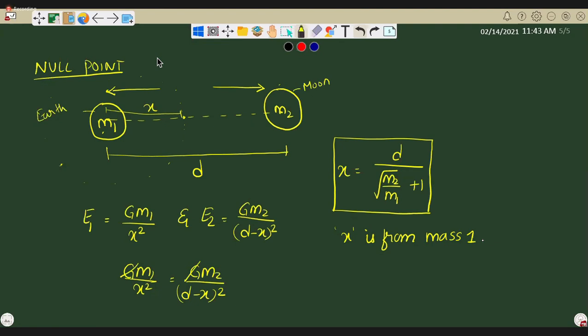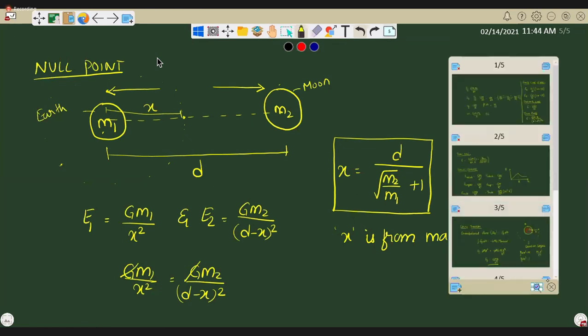Yes, sir. So put your heading as null point and then write x is equal to d divided by (under root of M2 by M1 plus 1). So this is your null point from M1. You have to be very careful, because if they ask the distance from M2, then you have to do d minus x, okay?